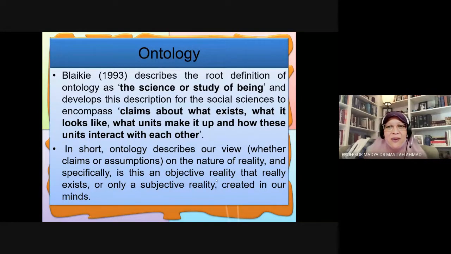And sometimes people just make assumptions. For example, I always hear people say that women always do more shopping than men. That is what we call assumptions. They claim something about what exists. Is it true?